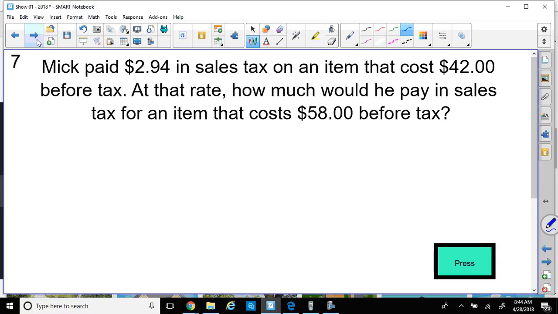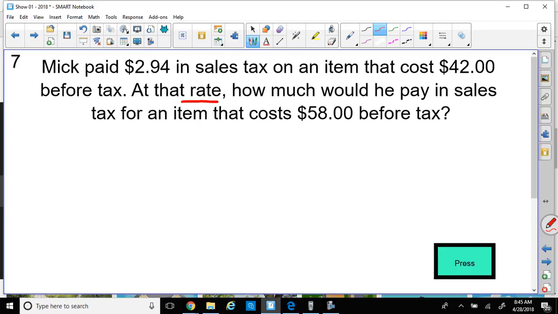All right. He paid $2.94 in sales tax on an item that cost $42 before tax. At that rate, I always like to emphasize that because when you see that, not only should you underline it, but you should also be thinking fraction.